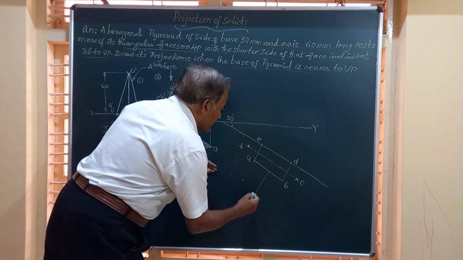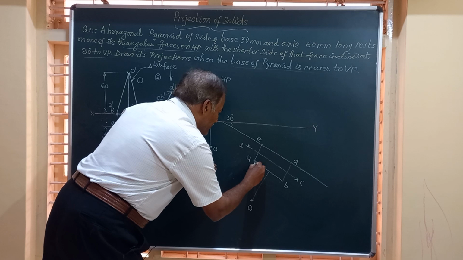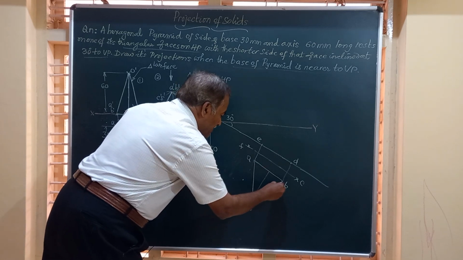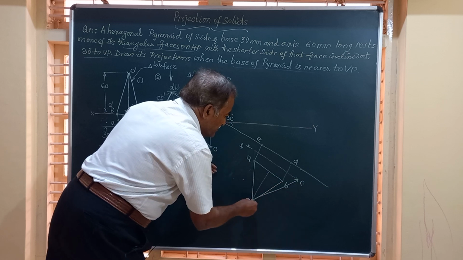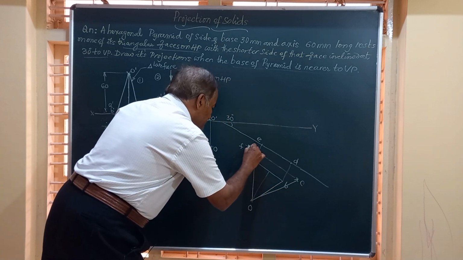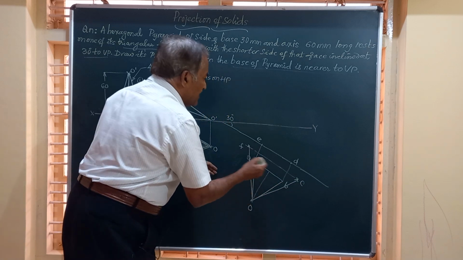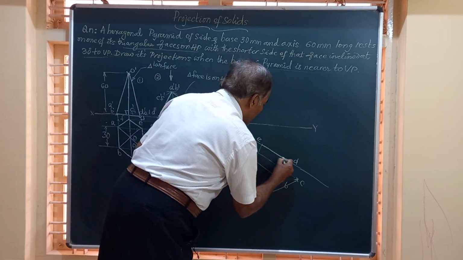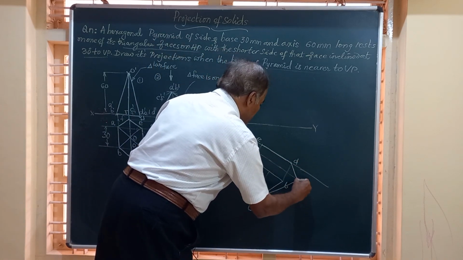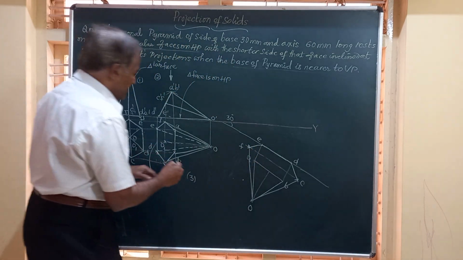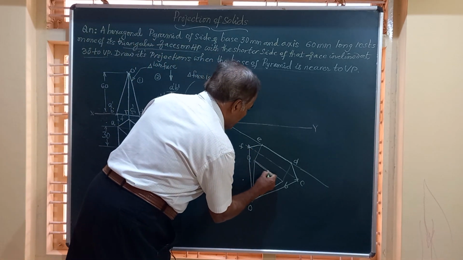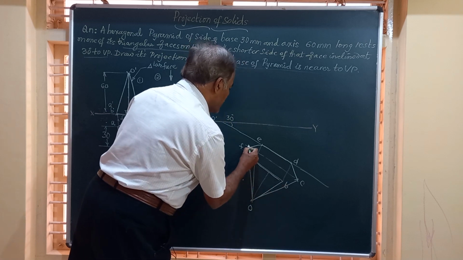So I will join O to A, O to B, O to C, O to F, and here D to E, the border, C to E, this line. And friends, AB should be a dark line, so AB, and this should also be visible.